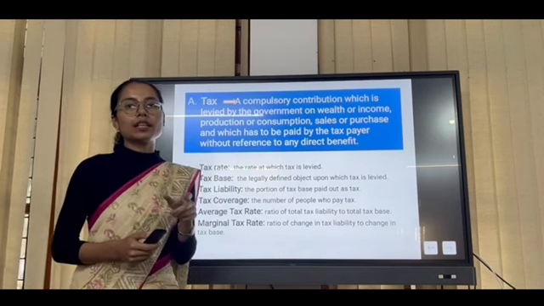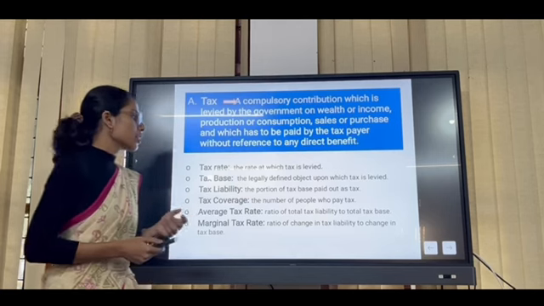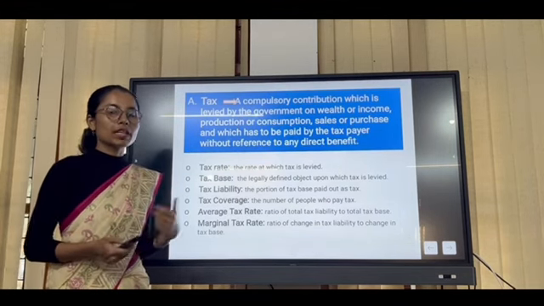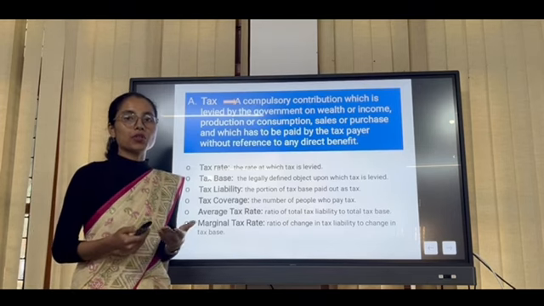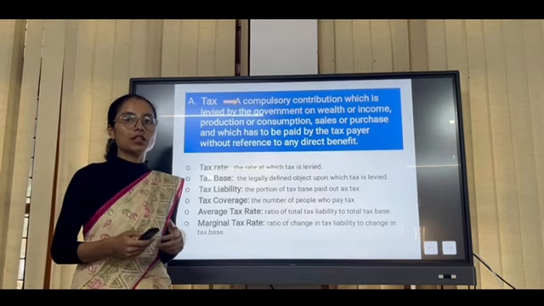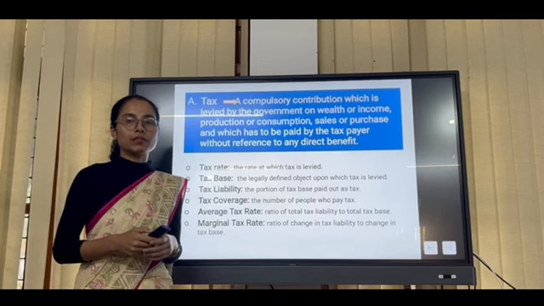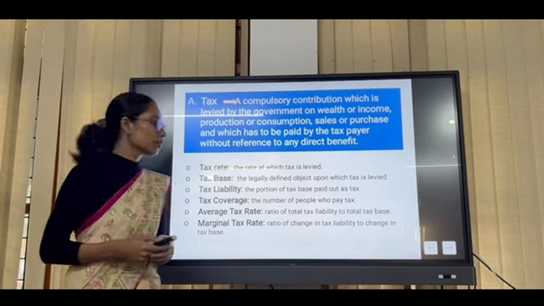It is a legally defined object upon which government imposes tax. So if tax is imposed on income, then income is termed as a tax base. If tax is being imposed on some production activities or the production of some commodities, then that type of tax can be termed as sales tax or something like that.